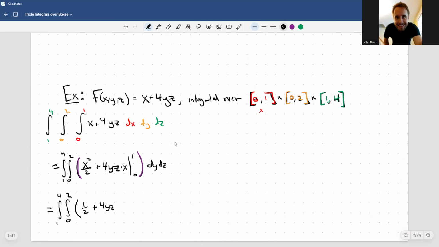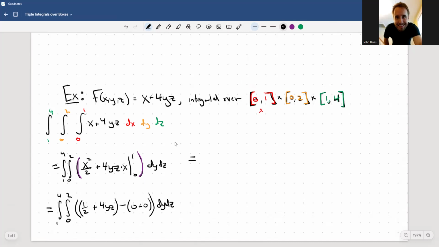And then minus, when I plug in 0, I'm just going to get 0 plus 0. Lucky me. So everything simplifies down. Notice I have no more x's. I've integrated them all away. And so my expression just involves y's and z's, which is great because I'm now just integrating dy dz.